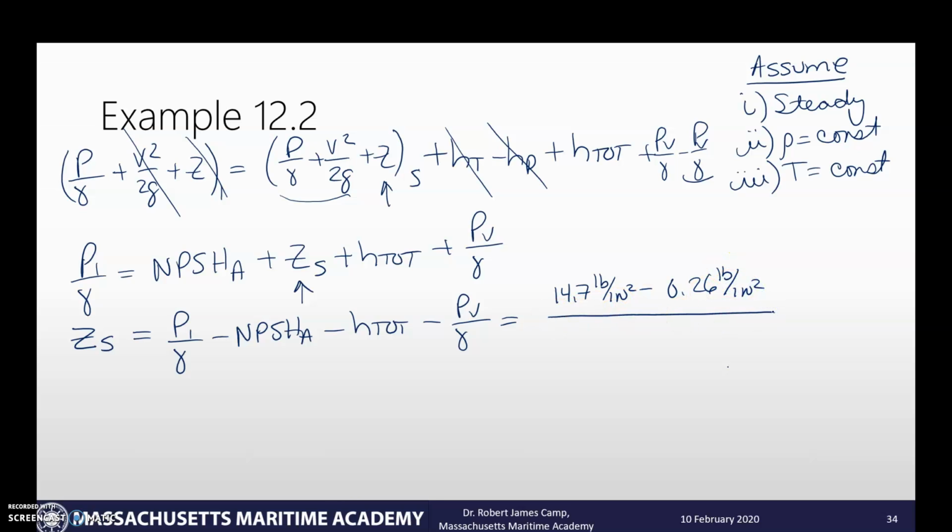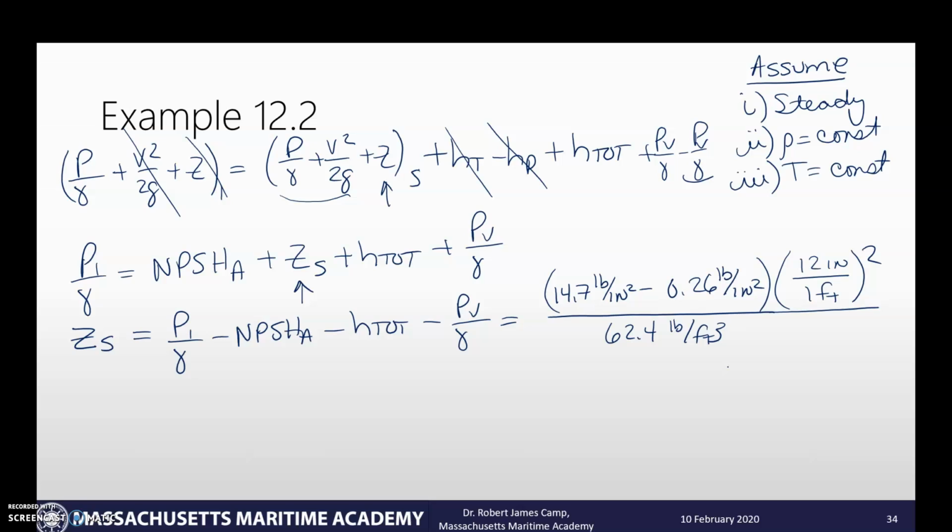We're going to divide that by the specific weight of water, which is 62.4 pounds per cubic foot. This obviously does not work out because that's going to give us pounds per square inch on the top. So what we're going to do is multiply by 12 inches over 1 foot, and then we will square that to get square inches and square feet.